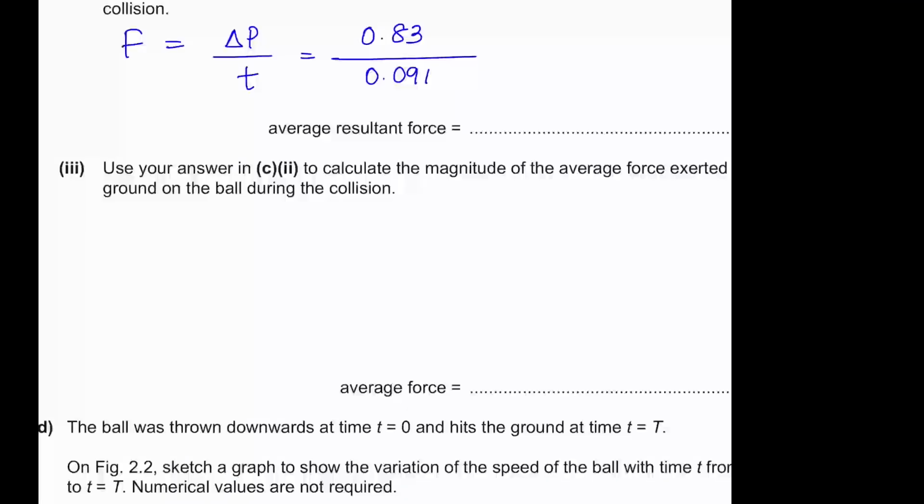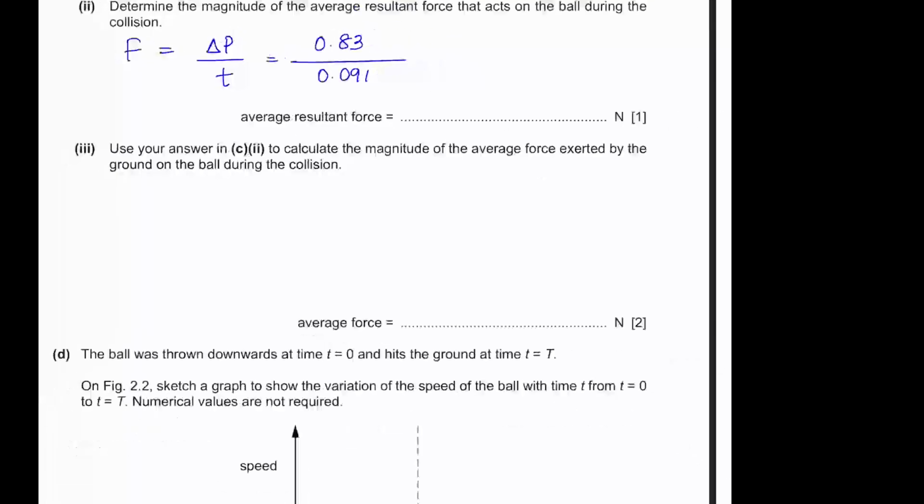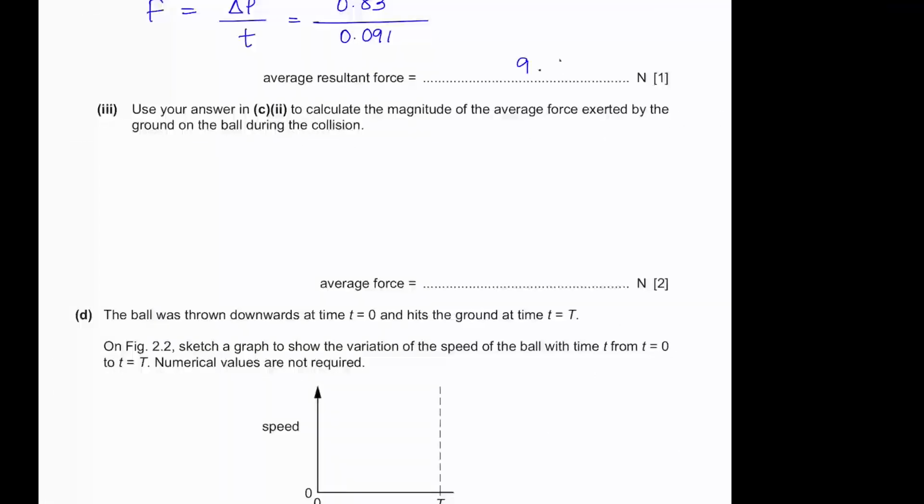So it is 0.83 divided by 0.091. That's 9.1 newtons. Okay, that's the magnitude of the average resultant force that is acting on the ball during the collision.